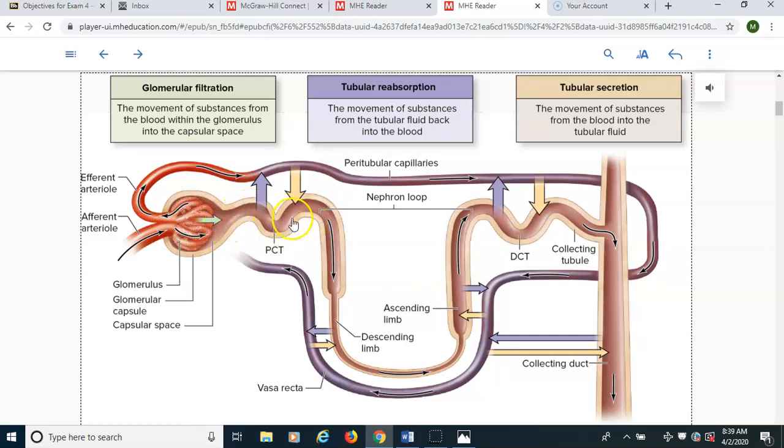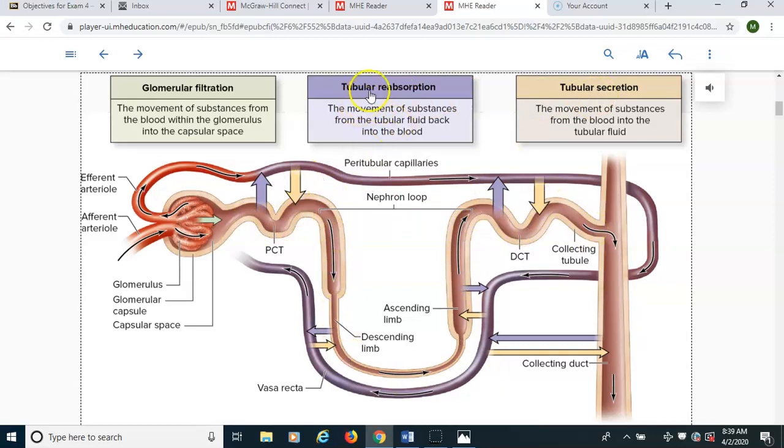If we just left that in the tubules and let it leave the body, we'd have to drink a whole lot more to keep hydrated, or we would dehydrate and die pretty quickly. So we don't want this tubular fluid as is. We need to alter it as it flows along the tubules, and that's what these two processes do. It's like fine-tuning the filtrate.